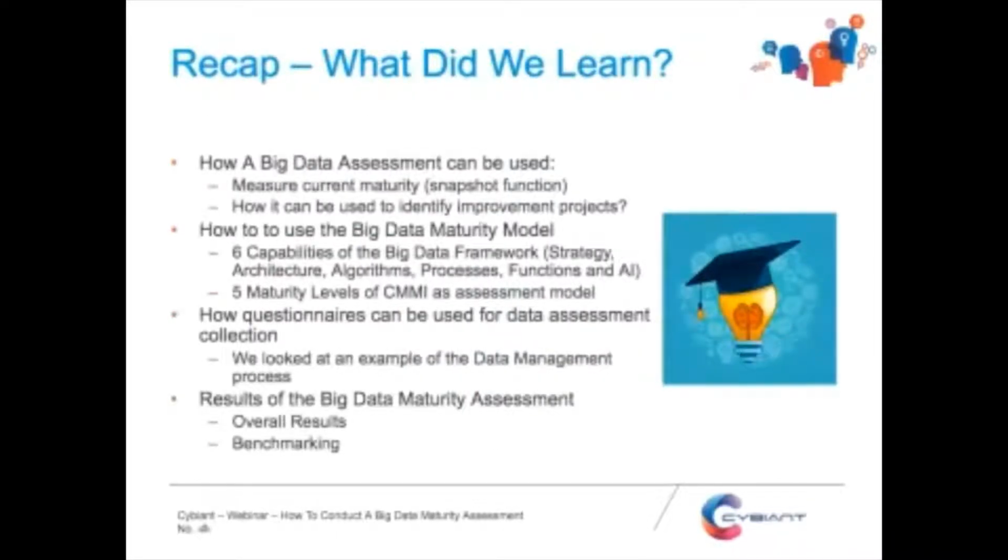In this webinar, I provided you with a whole lot of information, so just to recap what we've learned so far. First, we talked about what a big data assessment is and how it can be used. We looked at the snapshot function and how it can be used to start identifying improvement projects. Then I gave you the basic insights of what a big data maturity model is, and we talked about the 6 capabilities of the big data maturity framework.